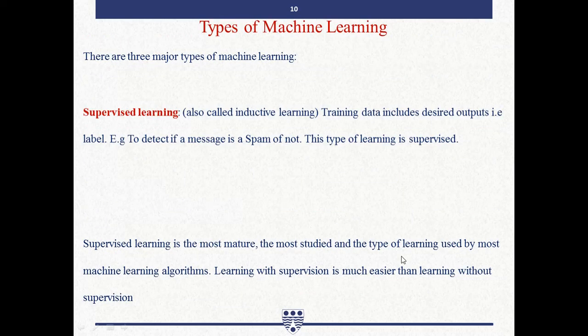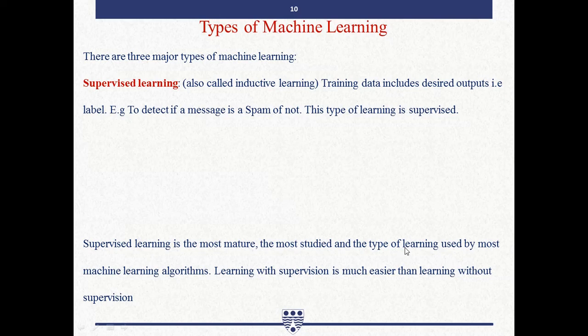Now, what are the types of machine learning? In machine learning, we have three major types. We have the supervised machine learning, which is also called inductive learning. In this supervised machine learning, the machine learns from features, independent variables, so as to predict a dependent variable.